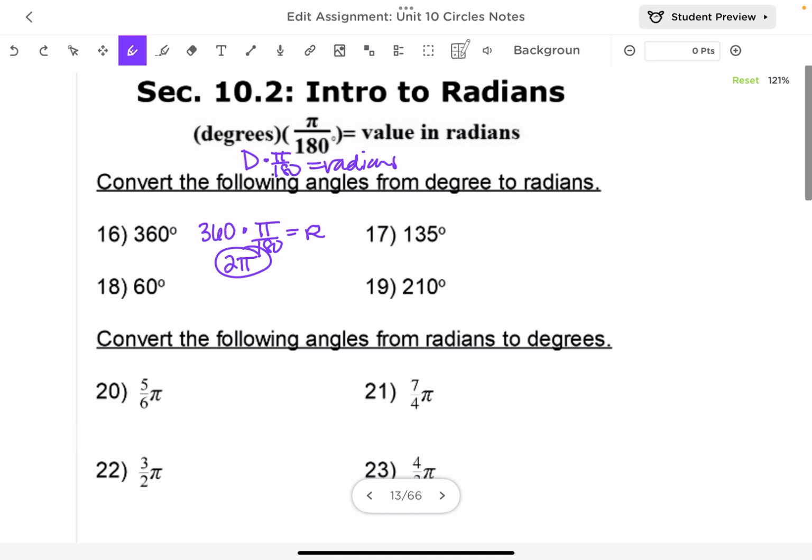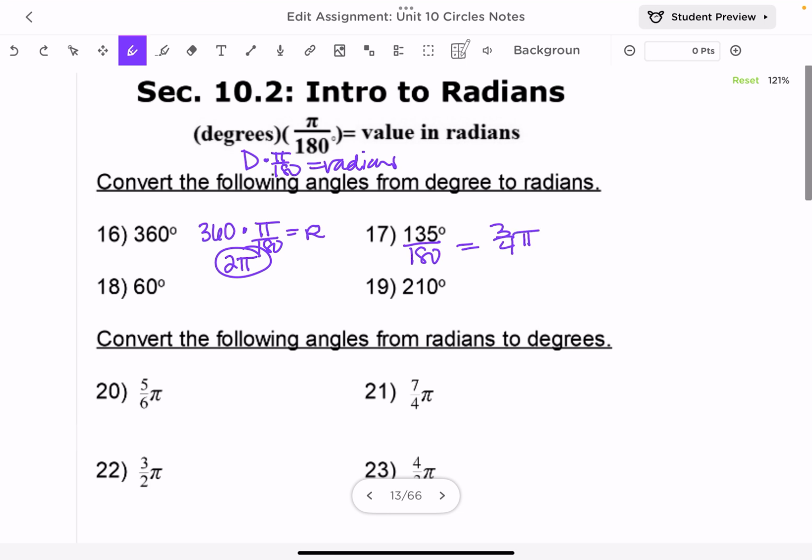You could plug that into the formula, or just think about, does it make sense to multiply 135 times 180? No, that does not make sense. You would get a humongous number. So these are the ones where I would divide by 180, and then you're going to put a pi on it. So this next one would get me 3/4 pi.